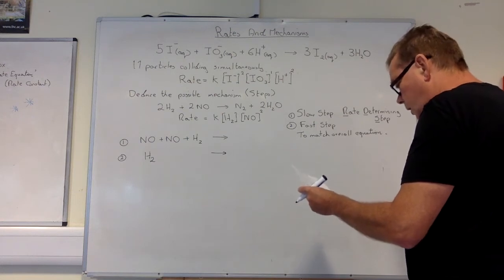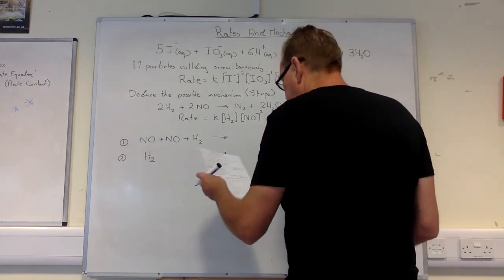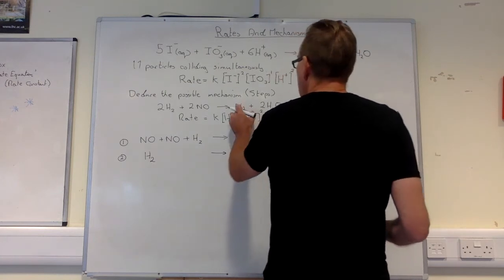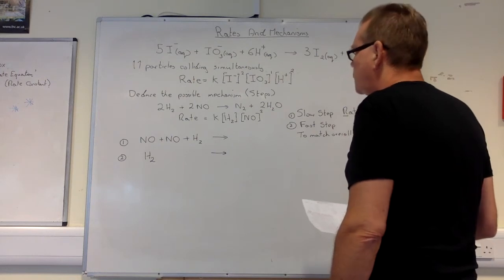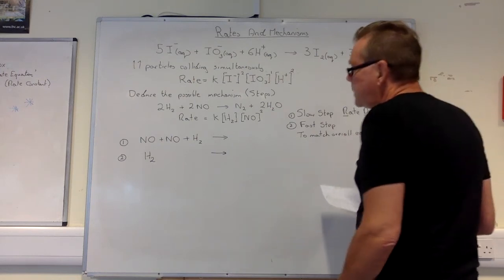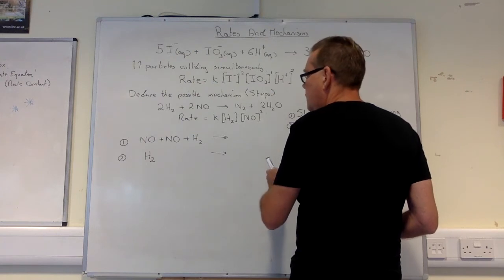Right, now you've got to use a bit of your brain to try and work this out if you can. I look over here. I've got to make nitrogen and I've got to make water. Now one tip may be I've got to make 2 waters in the overall equation.